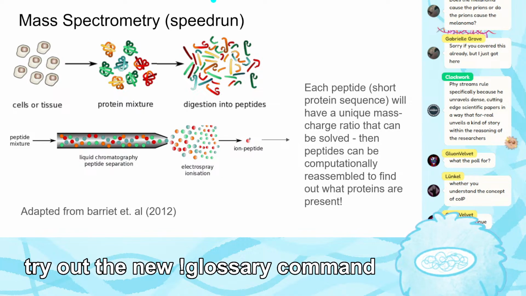It's a little complex. This is more for my Biology 101 undergraduates, but I hope that's clear, that we are identifying protein mixtures, breaking them up into peptides. Because every peptide in existence has a unique mass to charge ratio, you can actually layer those peptides back into proteins and figure out what proteins were in a sample.